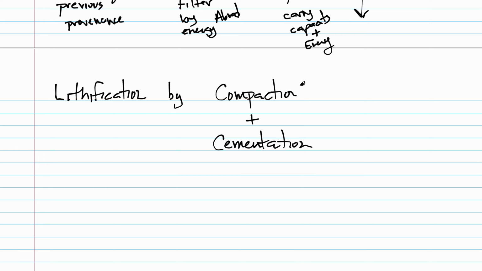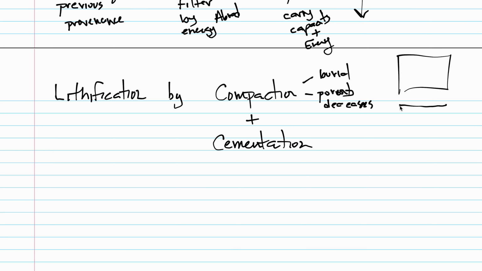Compaction is burial, and as we bury something there's more compression and a removal of porosity, so porosity decreases. We could imagine a box that's this big, and after burial and compression the box is now this big. The particles have been pressed much more closely together and the porosity has diminished.